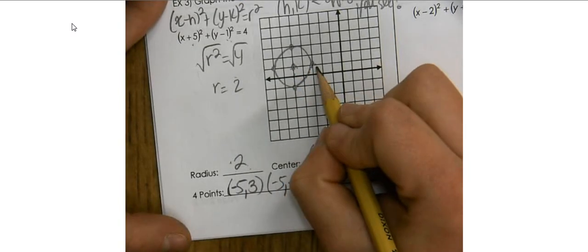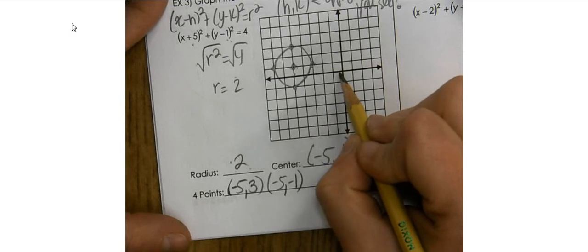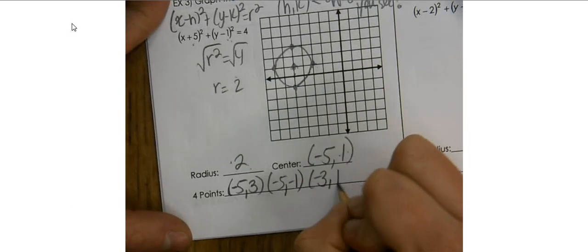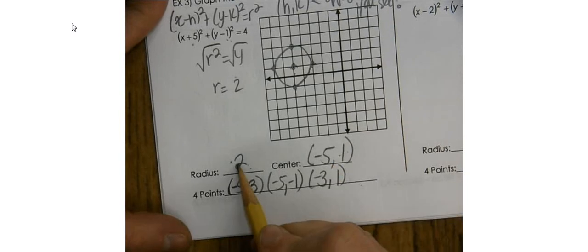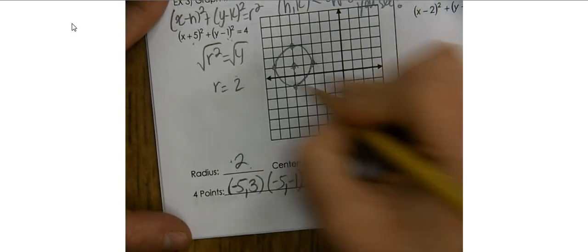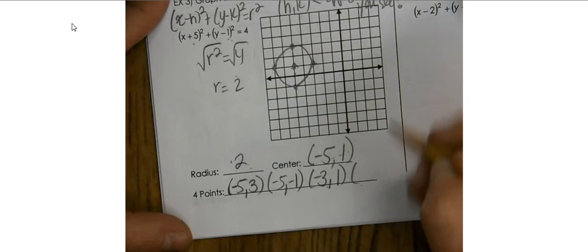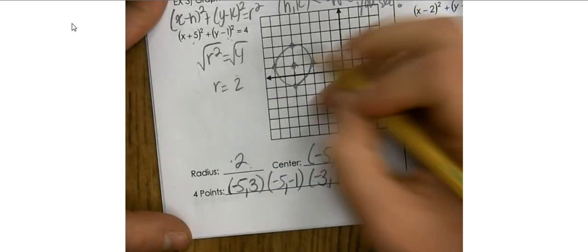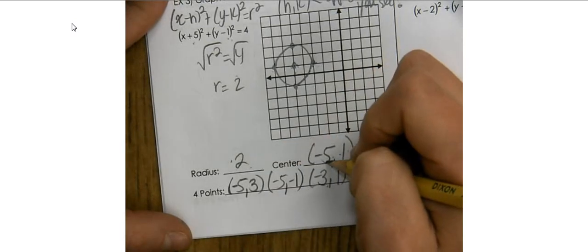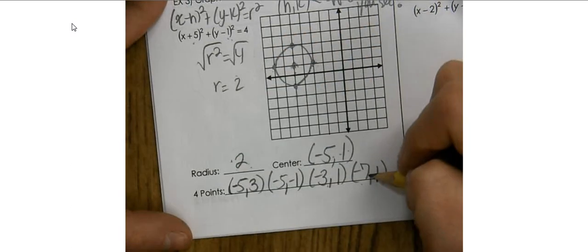Going east, I have the ordered pair of negative 1, 2, 3, up 1. So that's going to be negative 3, 1. 2 minus 5 is negative 3. And then west. So I have negative 7, 1. So negative 5 minus 2 is negative 7, 1.